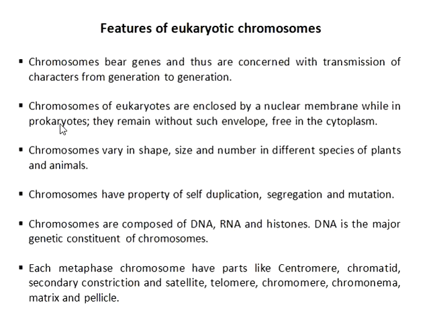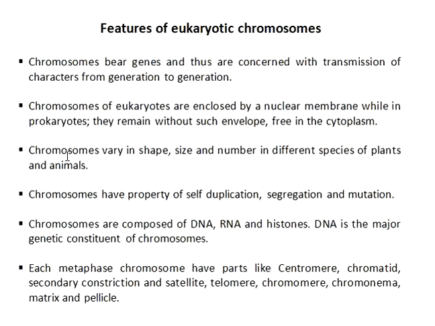Let's see the different features of the eukaryotic chromosome. Chromosomes bear genes and thus are concerned with the transmission of characters from generation to generation. Chromosomes of eukaryotes are enclosed by the nuclear membrane, while in prokaryotes they have no such envelope and are found freely in the cytoplasm.